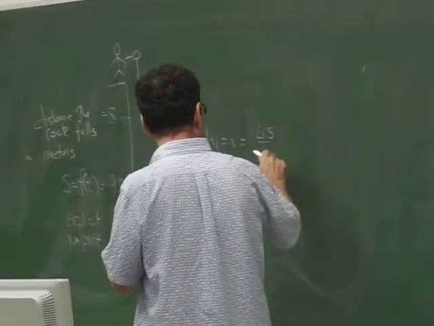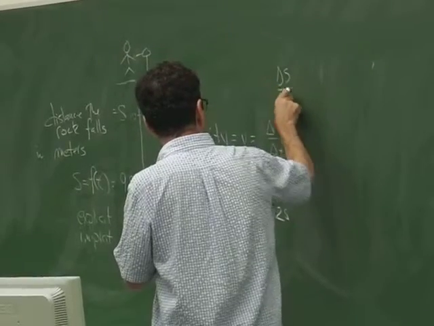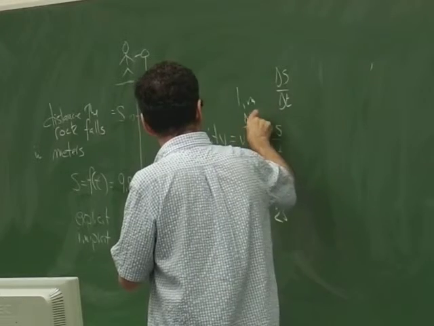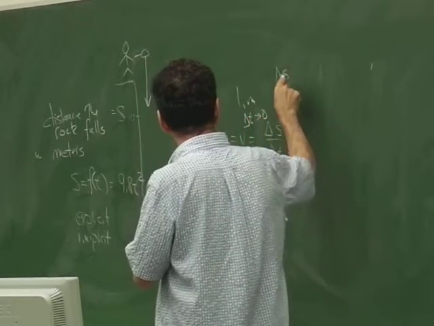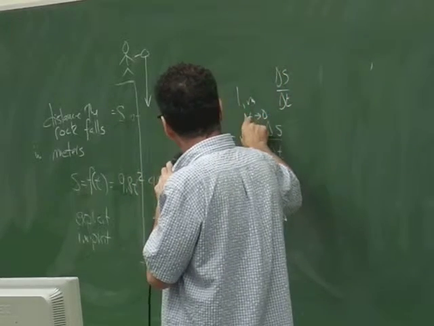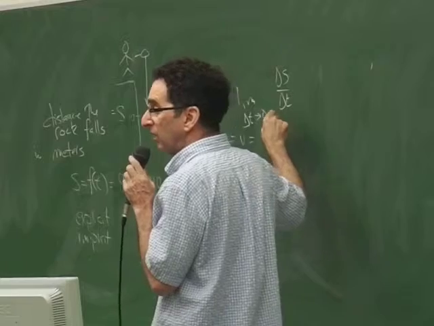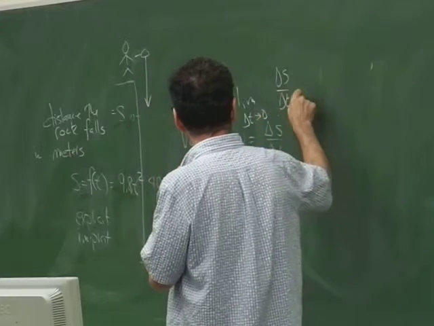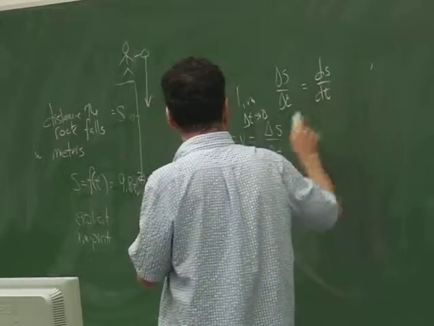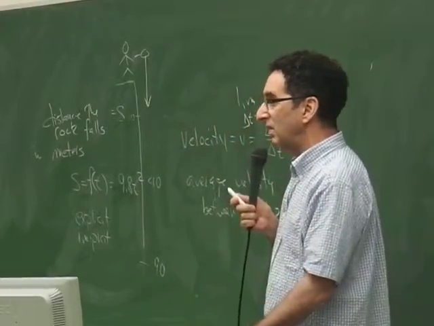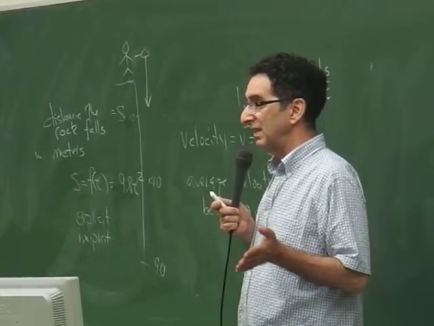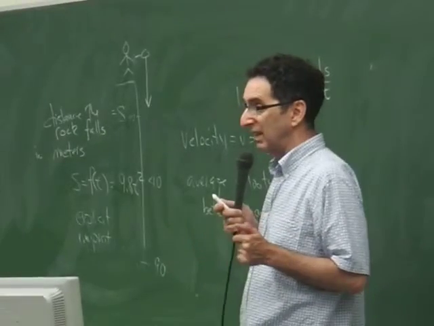The derivative is delta s over delta t, limit as delta t goes to 0. Now, we didn't write it that way. We had delta y and delta x, and delta x goes to 0. But for this case, we write it this way, and that is the derivative. That's ds over dt.